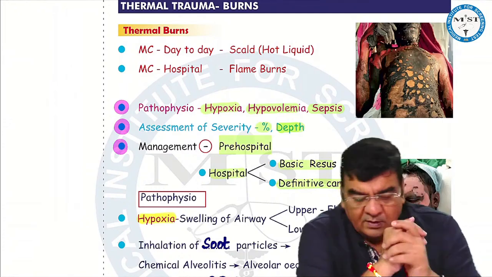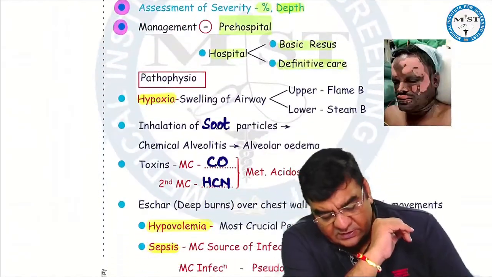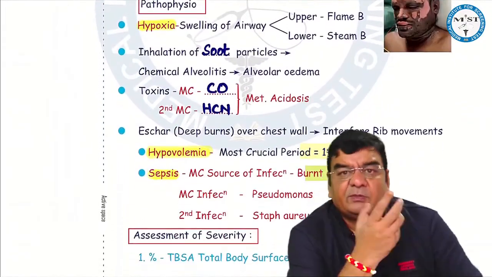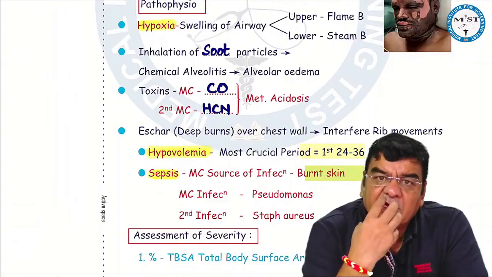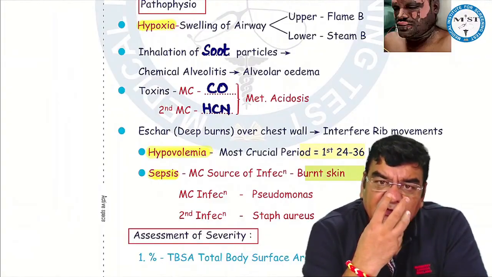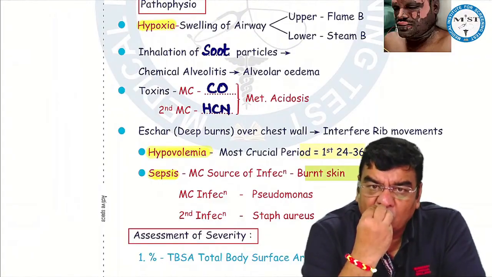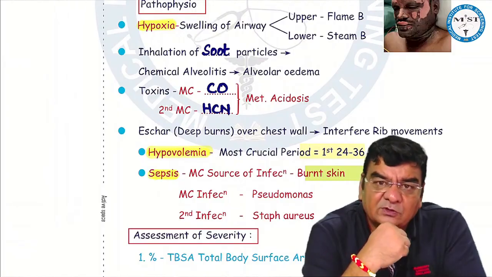In the pathophysiological events, hypoxia can be because of thermal injury to the airways, which can lead to swelling of the airways. Flame burns will cause more upper airway injury and steam burns will cause more lower airway injury.